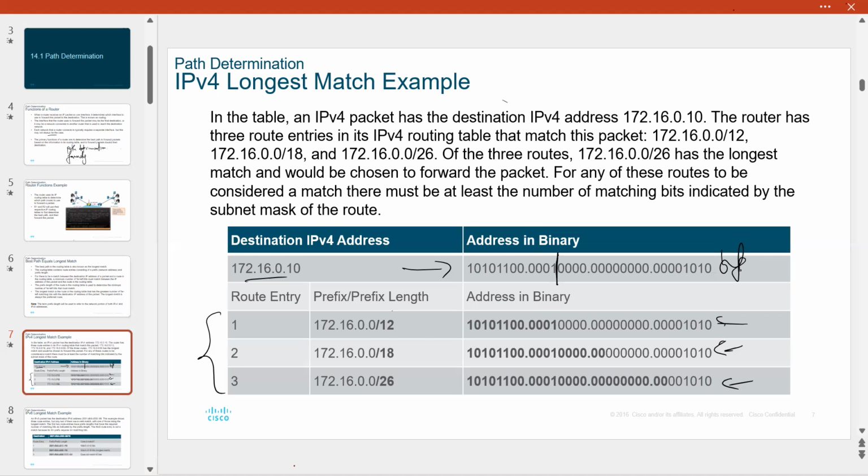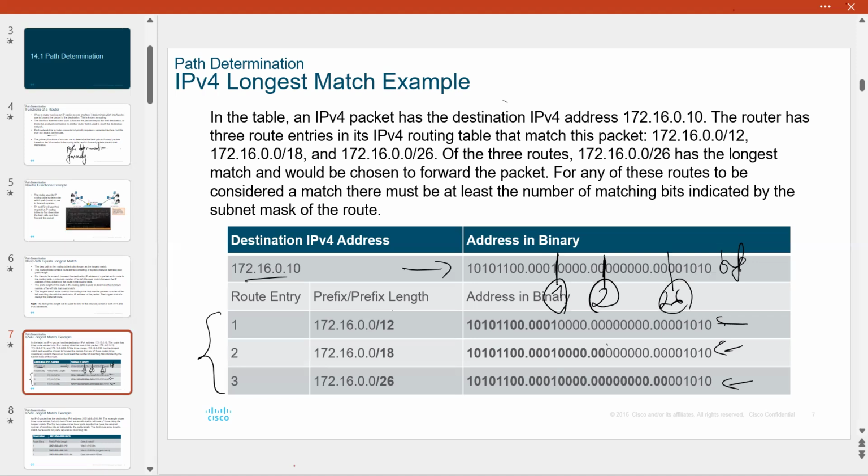If we have /18, we got 18 bits, so this is 8, 12, 16, 18 bits, and it matches up to here. So this is route number 1, this is route number 2, /18, then one with /26, and it matches everywhere up to this /26.